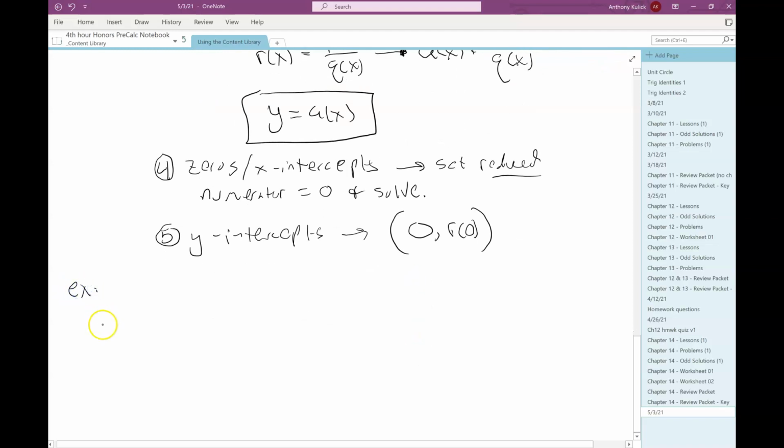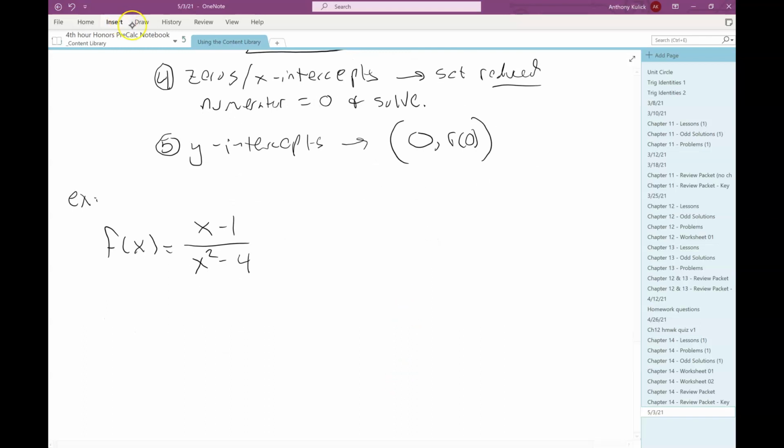So let's do some examples. So here's our function. First thing I'd want to do is to see if I could do any reducing. So I'm going to factor this completely.